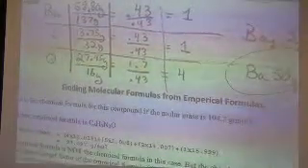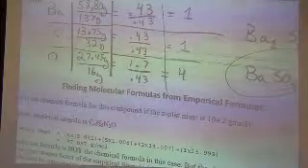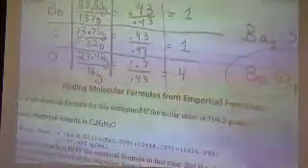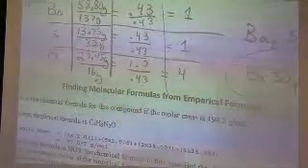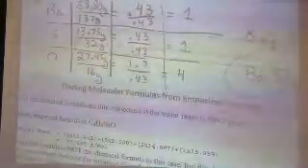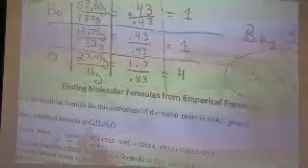Change your percentages into grams. You got 58.8 grams because you had 58.8%. You had 13.75%, 13.75 grams. 27.45%, 27.45 grams. Where do we get these numbers from? These ones on the bottoms. Get them from the periodic table.